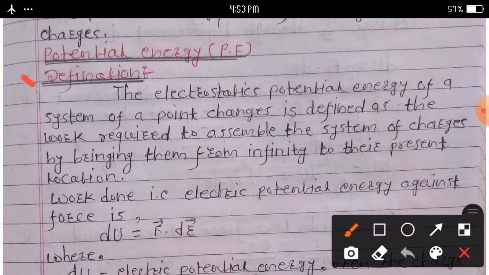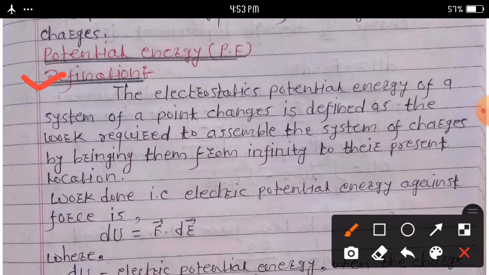Definition: the electrostatic potential energy of a system of point charges is defined as the work required to assemble the system of charges by bringing them from infinity to their present location. I repeat again the definition: the electrostatic potential energy of a system of point charges is defined as the work required to assemble the system of charges by bringing them from infinity to their present location.